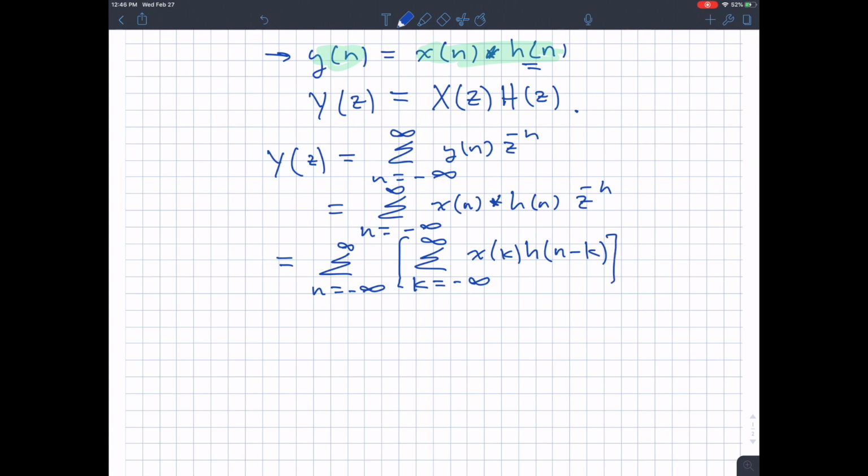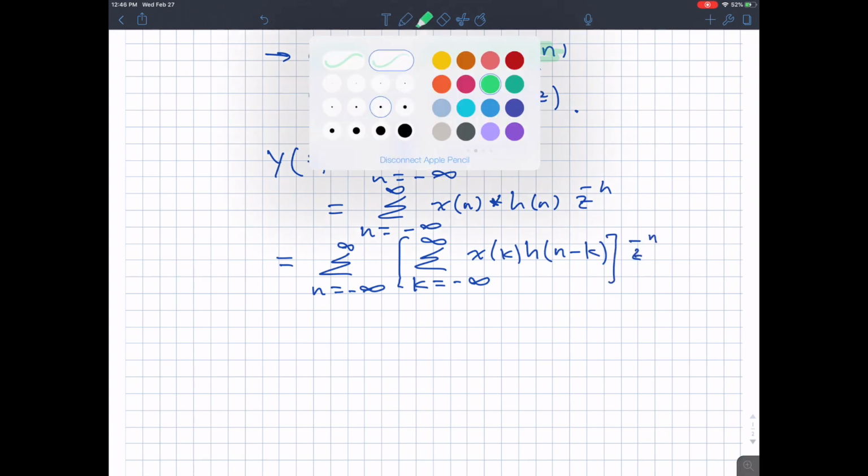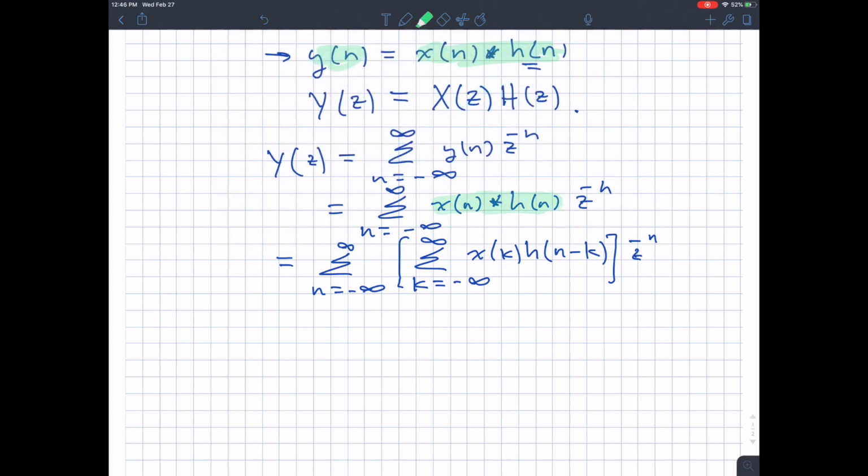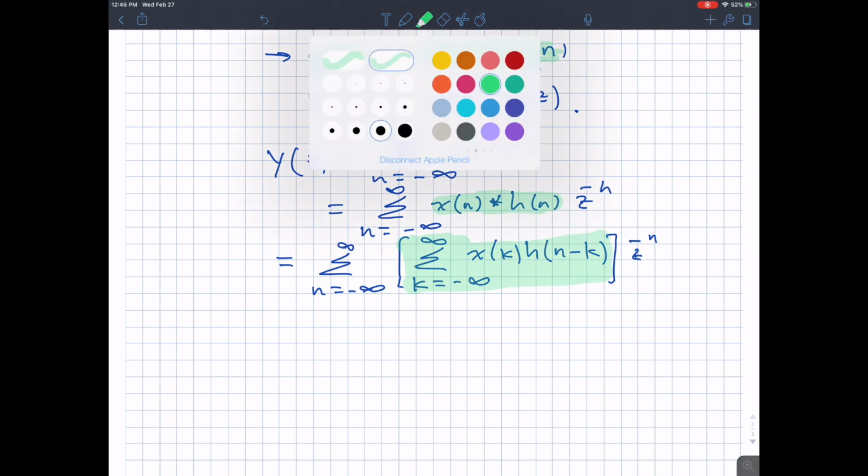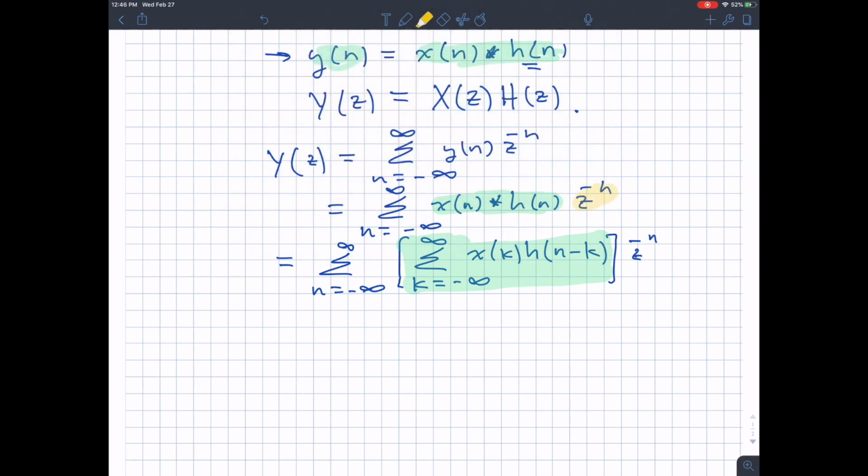Alright, so this is the convolution. This part expands into this green box, and then we still have the things on the outside that are left in the same form.